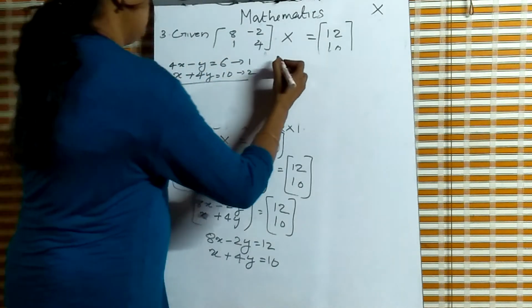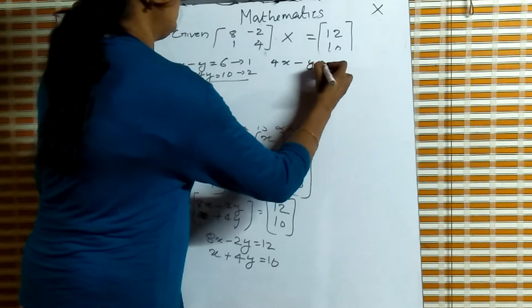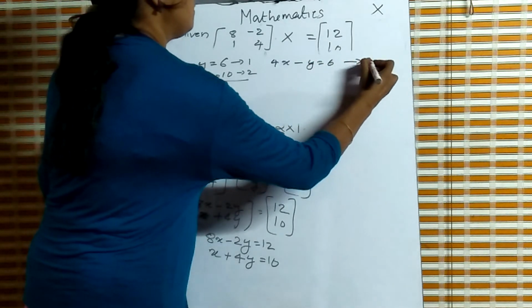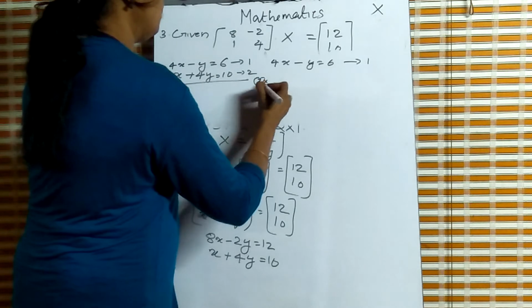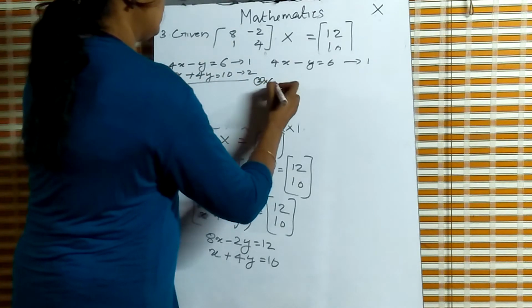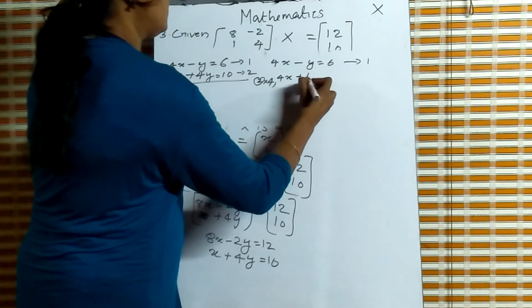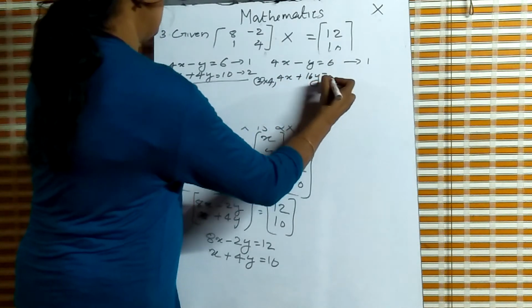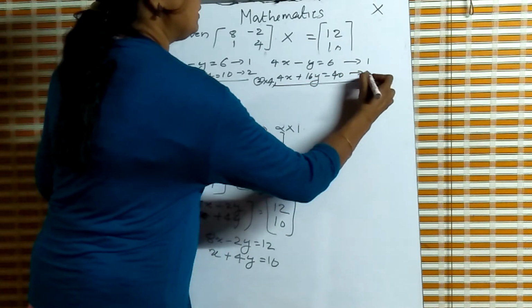To make this one also 4, we have to eliminate x. For that, write equation 1 itself: 4x minus y is equal to 6. Then equation 2 into 4: 1 into 4 is 4x plus 16y is equal to 10 into 4, 40. This is equation 3.